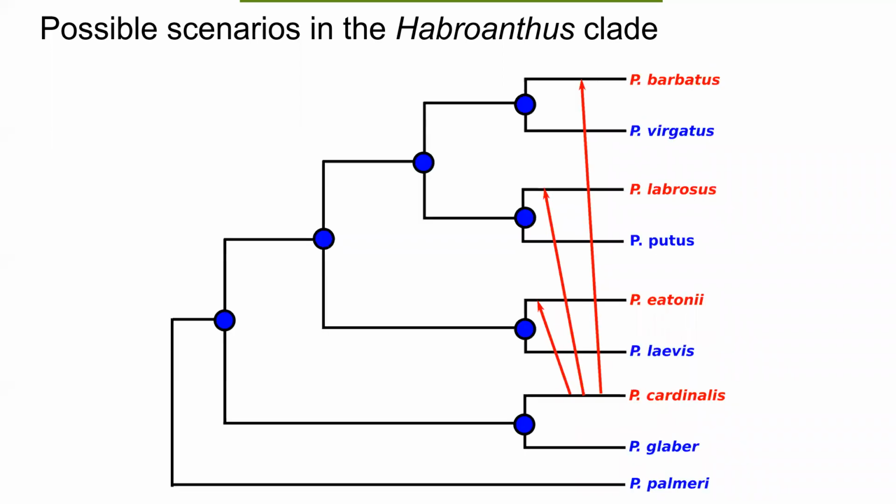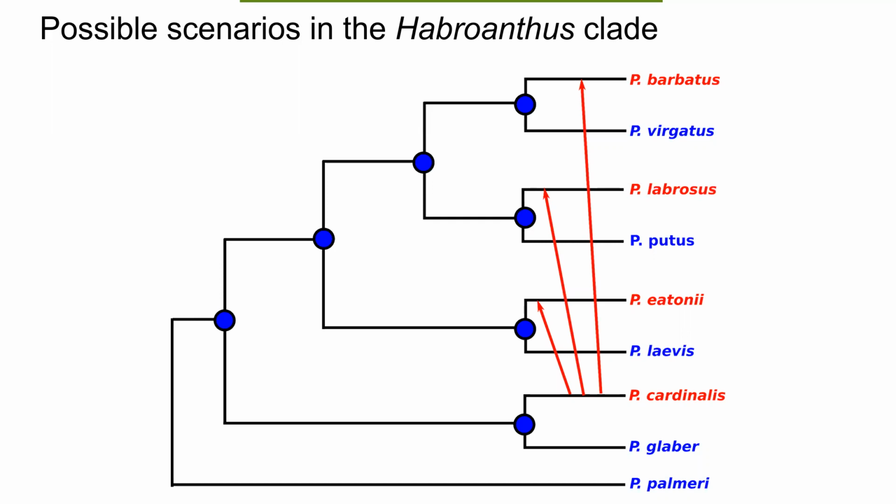And then there's this type of scenario where maybe it evolved once along the lineage leading to one red hummingbird pollinated species. And then due to hybridization and introgression, those genes were introduced into other lineages, giving rise to this sort of semi-replicated evolution.